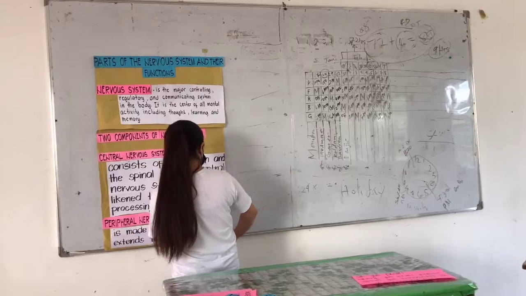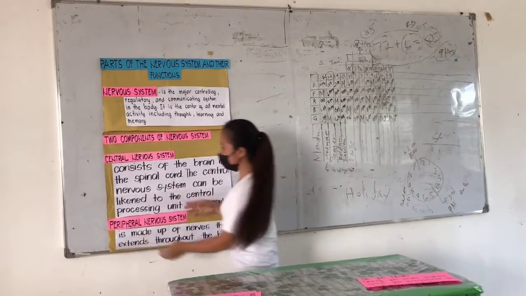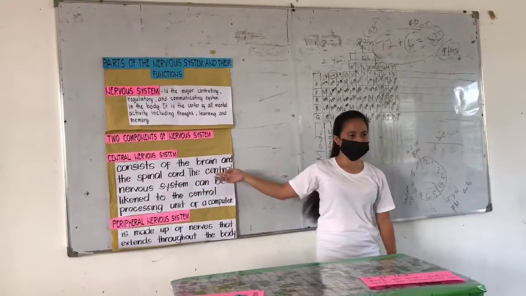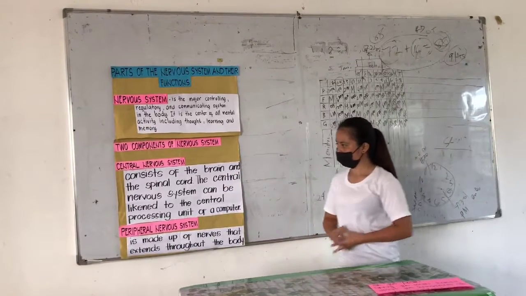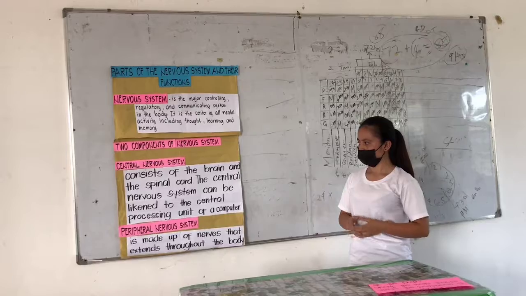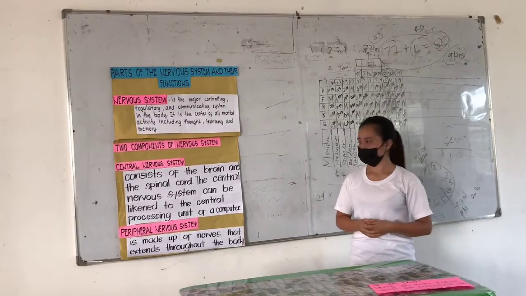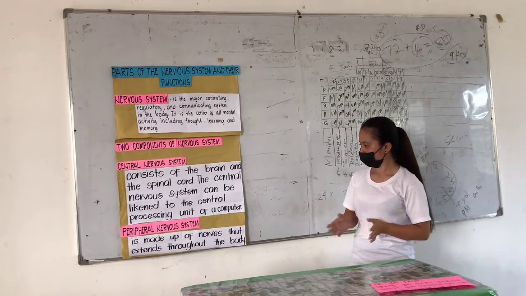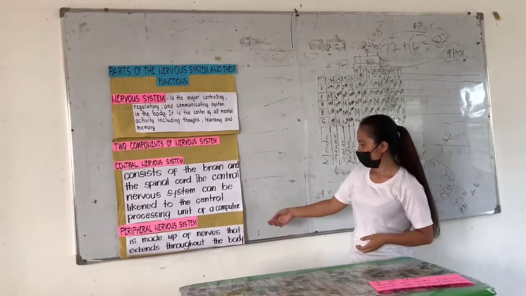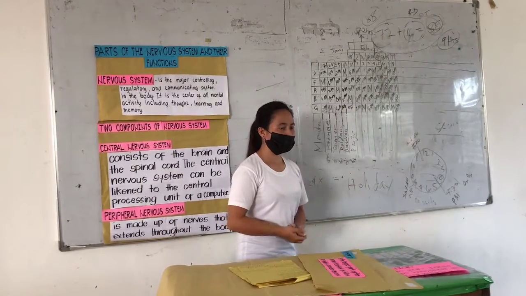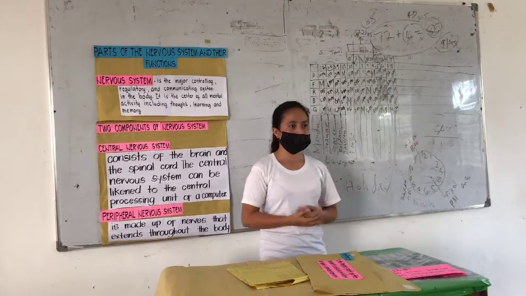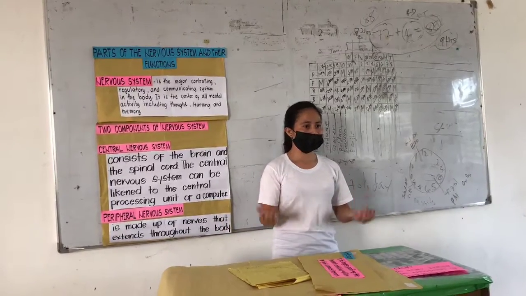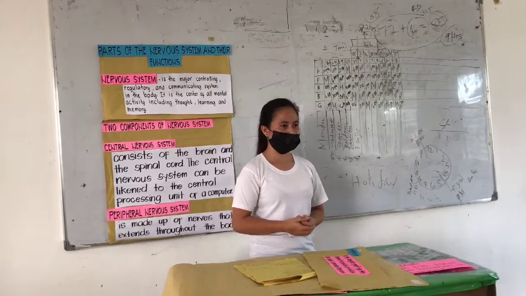Erica, can you please read the definition of the first component? Yes, ma'am. The central nervous system consists of the brain and the spinal cord. It can be likened to the central processing unit of a computer. Why is it so? Because it receives and sorts information coming from inside the body and determines appropriate action.